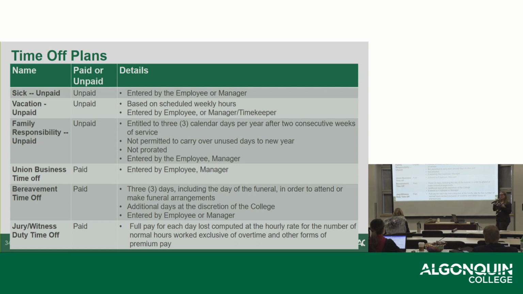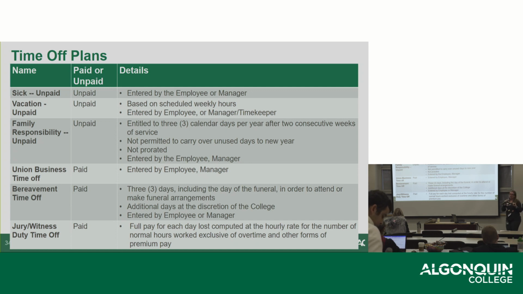There is a list within the presentation. I'm not sure if the presentation has already been shared, but within here, you'll see the list of the time off plans. Basically, for any employee, when they go into Workday, they will have whatever options are available to them through the drop-down. So if your employee is looking to take a time off and record it, the drop-down will only show the entitlements that are eligible to them.